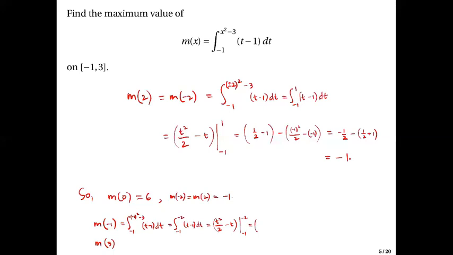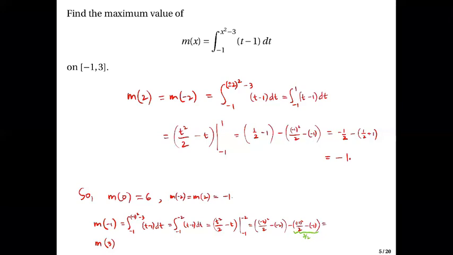We'll get negative 2 squared over 2 minus negative 2, minus negative 1 squared over 2 minus negative 1, which is 3/2 again.